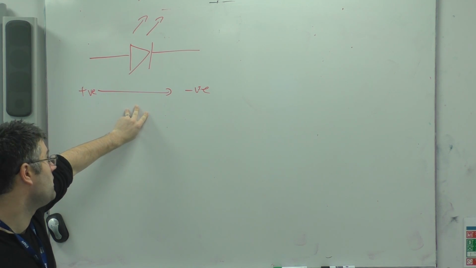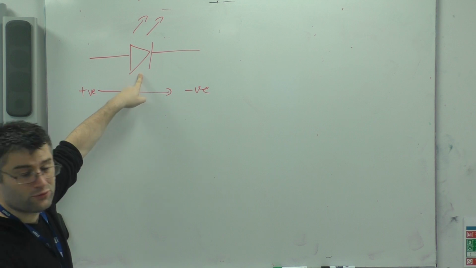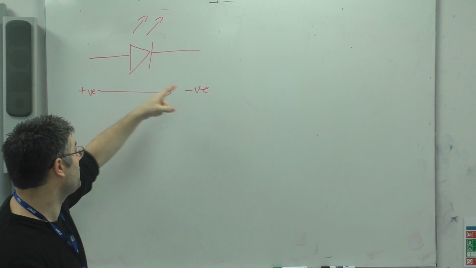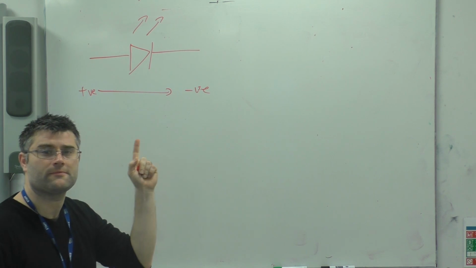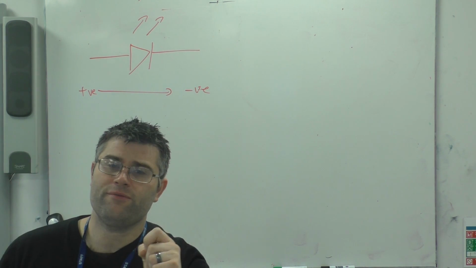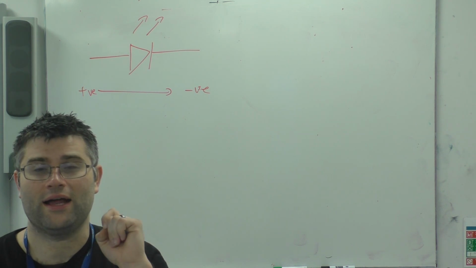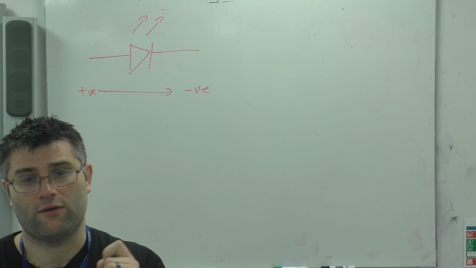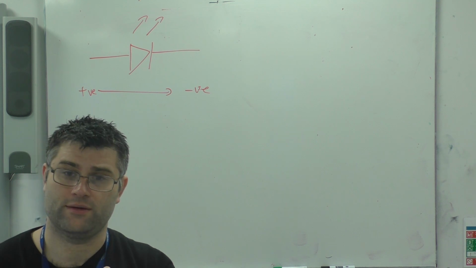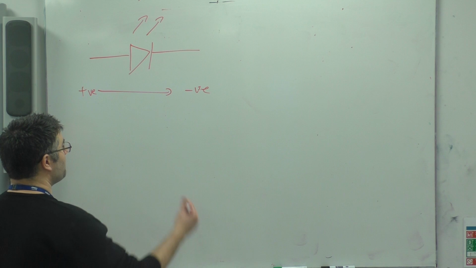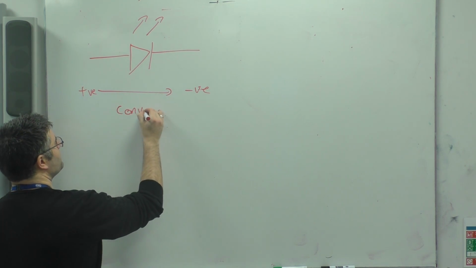However, a diode does not allow current to flow in the opposite direction. Remember from GCSE, electron flow and current, conventional current, are opposite, okay? A diode is always talking about conventional current.